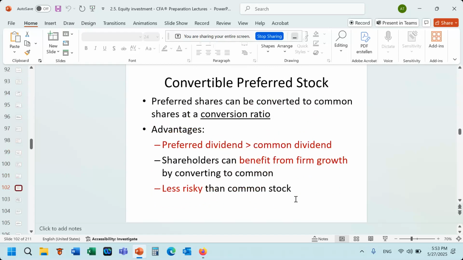Then we have convertible preferred stock. This word convertible, we use it with cars too, when it's used with stocks or bonds, means you can change them to something else. So when you have convertible preferred stock, you can convert them to common stocks.